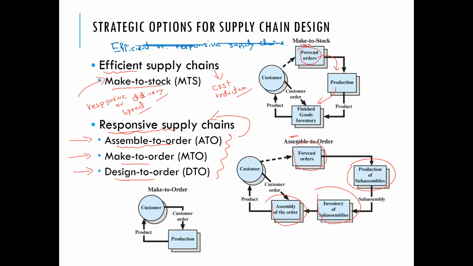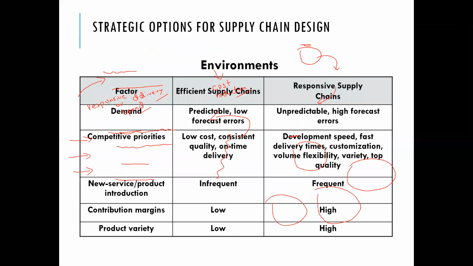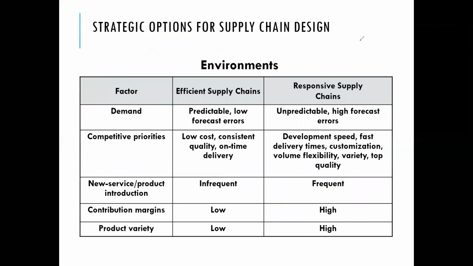Now, with that said, let me clear all the drawings. With that said, there are different environments that are needed for an efficient supply chain versus a responsive supply chain. Generally, as I said earlier, the demand for efficient supply chain based products is predictable. The demand for responsive supply chain based products is unpredictable.